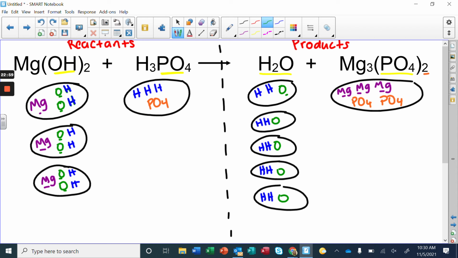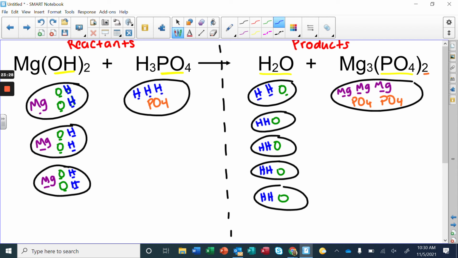Now I want to go ahead and move on to my next compound, which is H3PO4. I do realize the first thing that we have on this side is hydrogens, but I'm going to kind of wait on my hydrogens for a second. No, I'm not. Let's go ahead and count these. All right, so count my hydrogens. I have 1, 2, 3, 4, 5, 6, 7, 8, 9 hydrogens here.